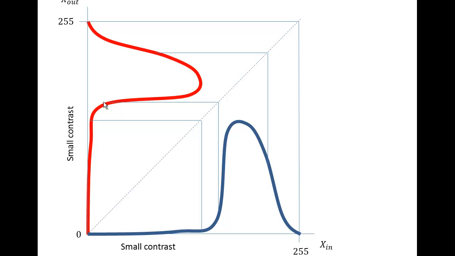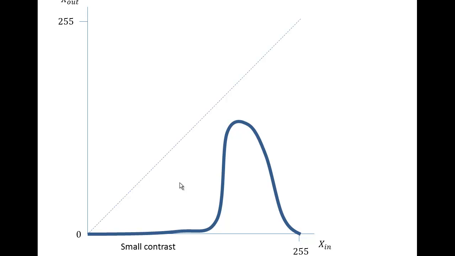So you still have a small contrast. How can you increase your contrast in the scene? This works by changing this line. So we will create a new mirroring line, maybe like this. You have this area here, and then a bigger slope of that line.